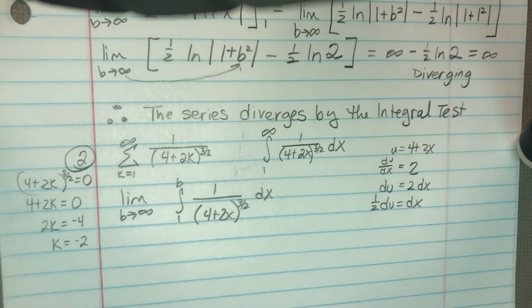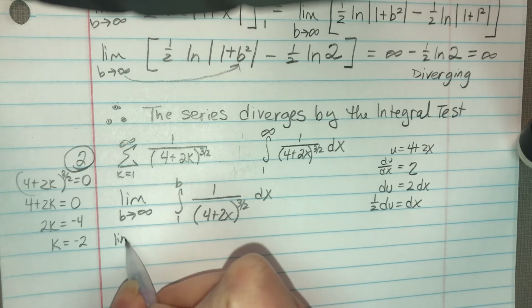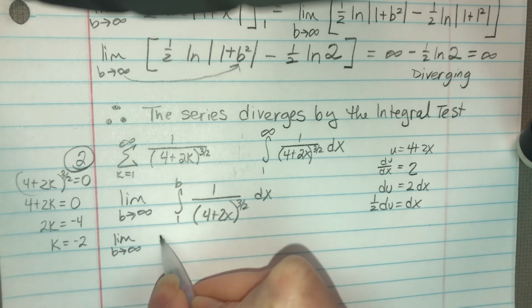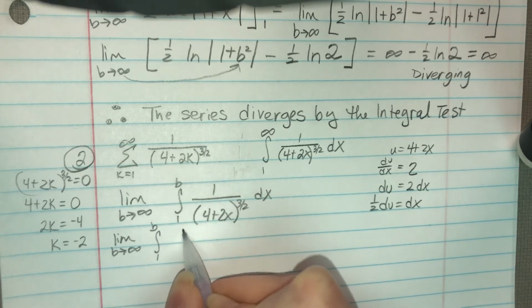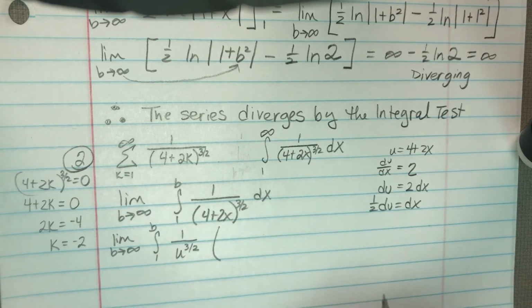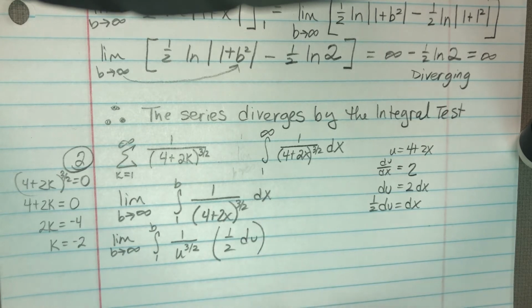Now I'm going to rewrite this with u as my independent variable. So the limit as b approaches infinity of the integral from 1 to b of 1 over u to the 3/2 power times dx is coming out, 1/2 du is going in its place.